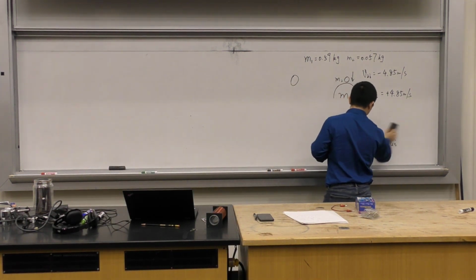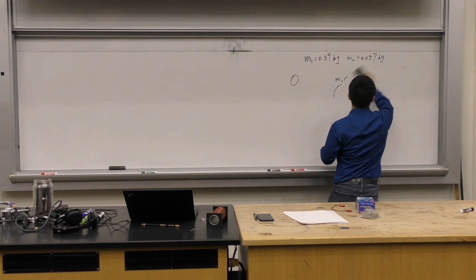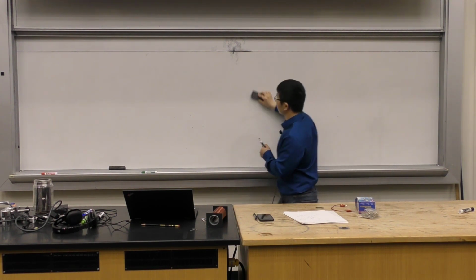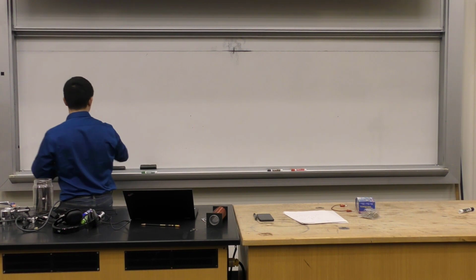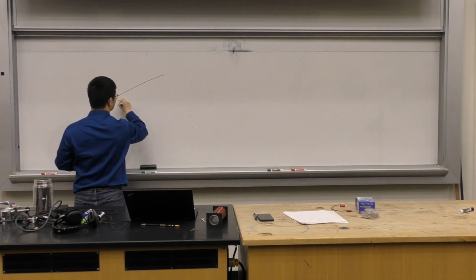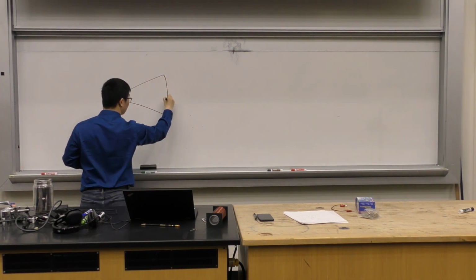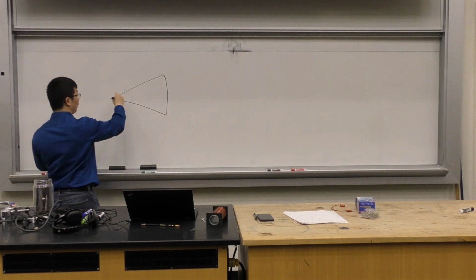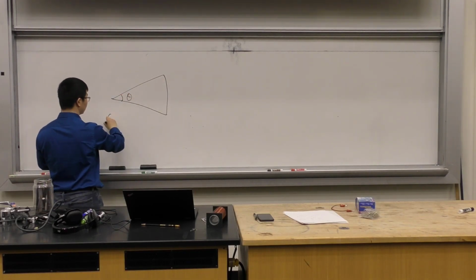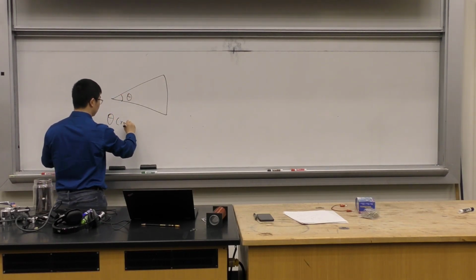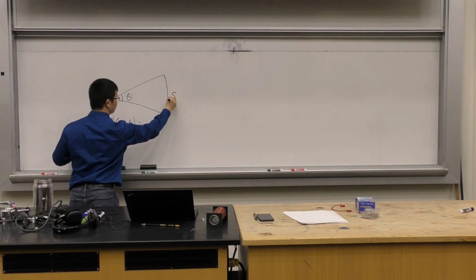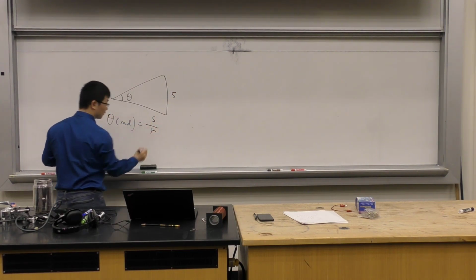All right. And then what is the definition of radians? If you still remember that, if there's an angle like this, part of a circle, this is an arc, you can always define the angle in radians using the arc length and the radius.